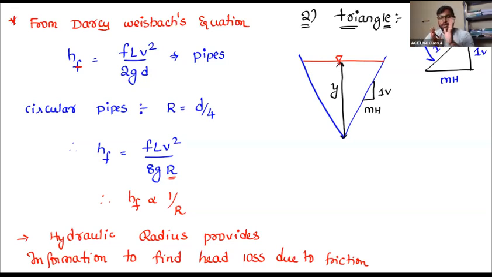Yes or no? Okay, now listen to me carefully. This is 1 vertical and m horizontal. For every 1 vertical, the horizontal is going to be m. And if the vertical is going to be y, then what should the horizontal be?